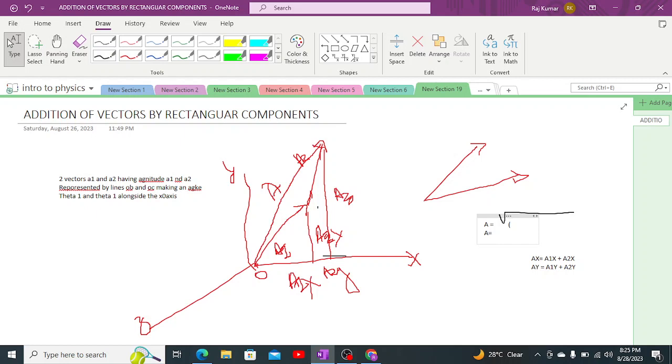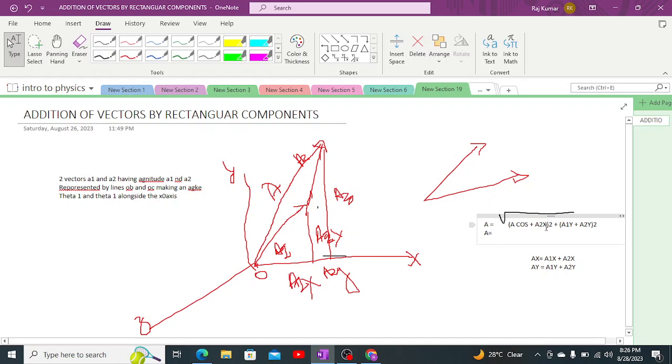So it will become A1x plus A2x whole square plus A1y plus A2y whole square. Now as we know that Ax is equal to A cos theta and Ay is equal to A sin theta, we are going to put their values.